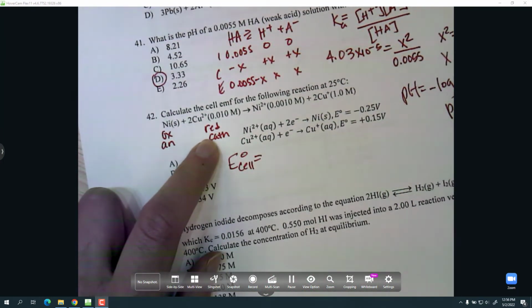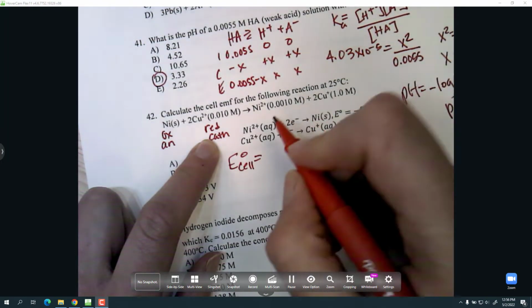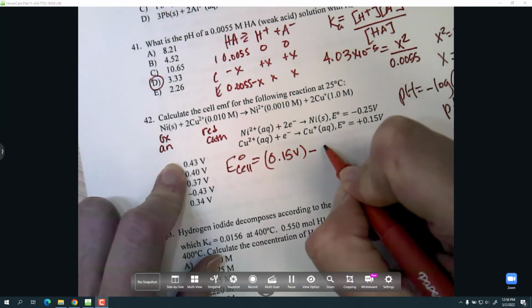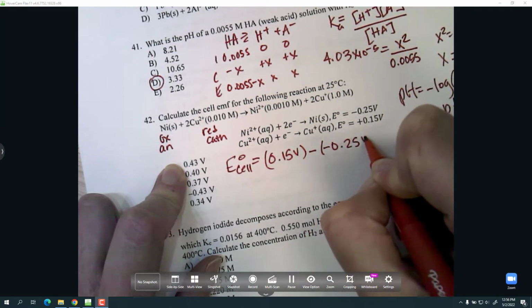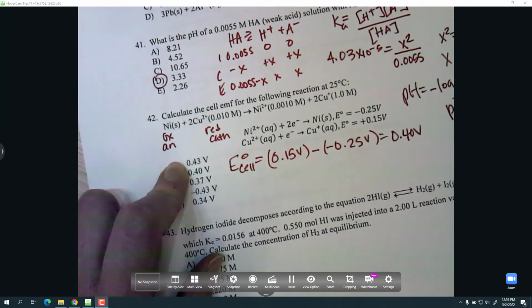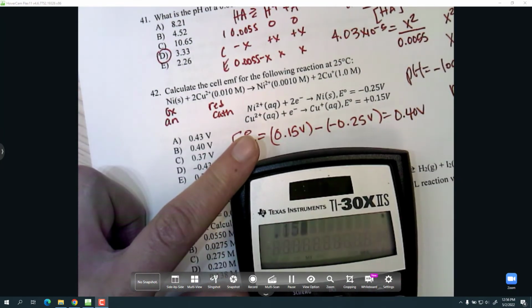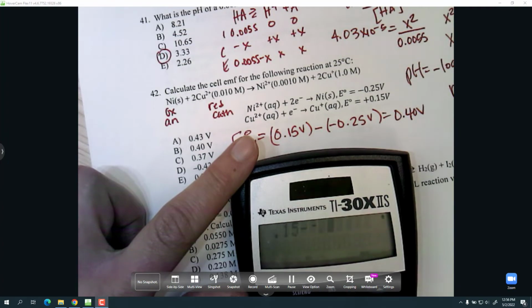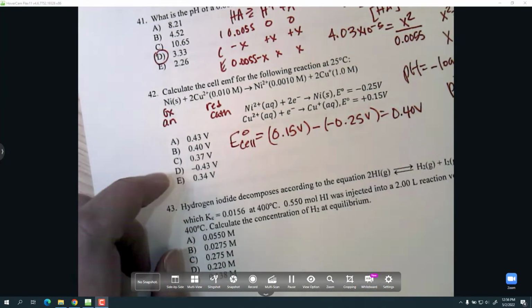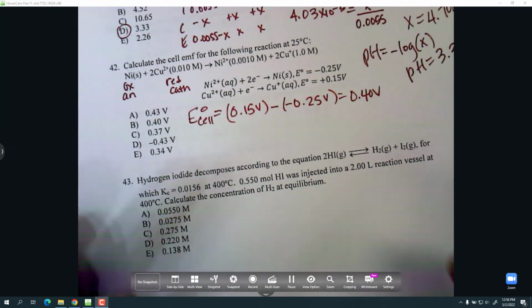Cathode 0.15 minus anode is negative 0.25. I think I can do that one in my head, but I'm going to double check my calculator. Minus negative 0.25, and I get, yeah, 0.4. All right, so that's E cell standard.